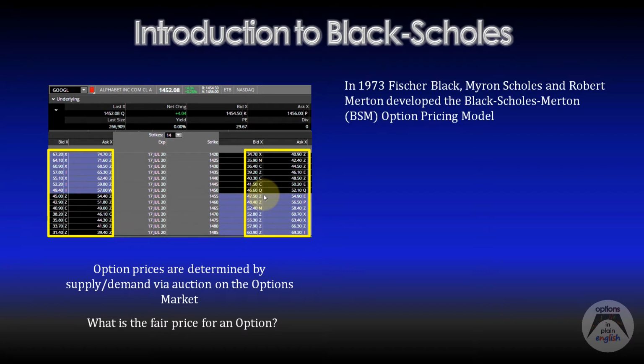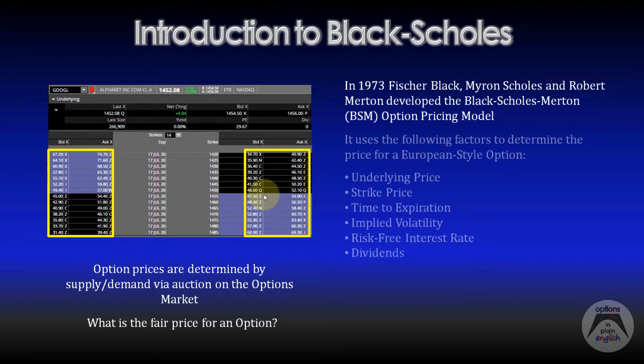In 1973, Fischer Black, Myron Scholes, and Robert Merton developed the Black-Scholes-Merton option pricing model. It uses the following factors to determine the price for a European-style option. A European-style option is one that can only be exercised at expiration, so no early exercise.